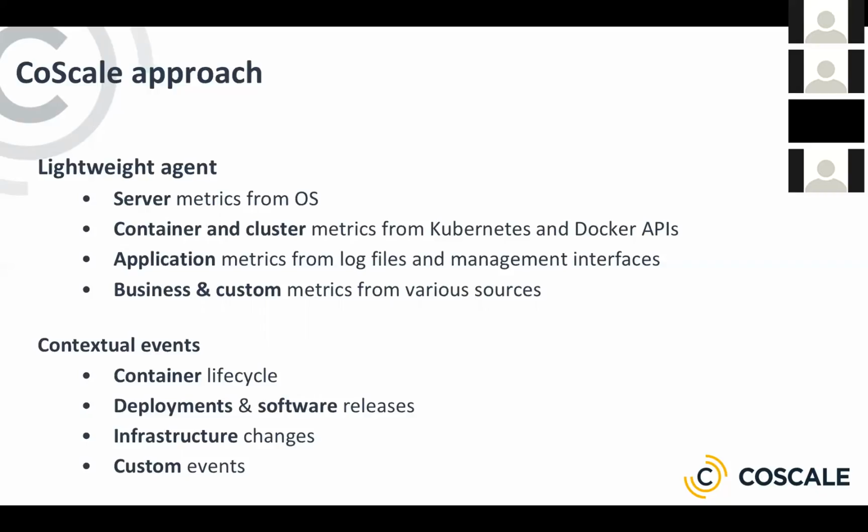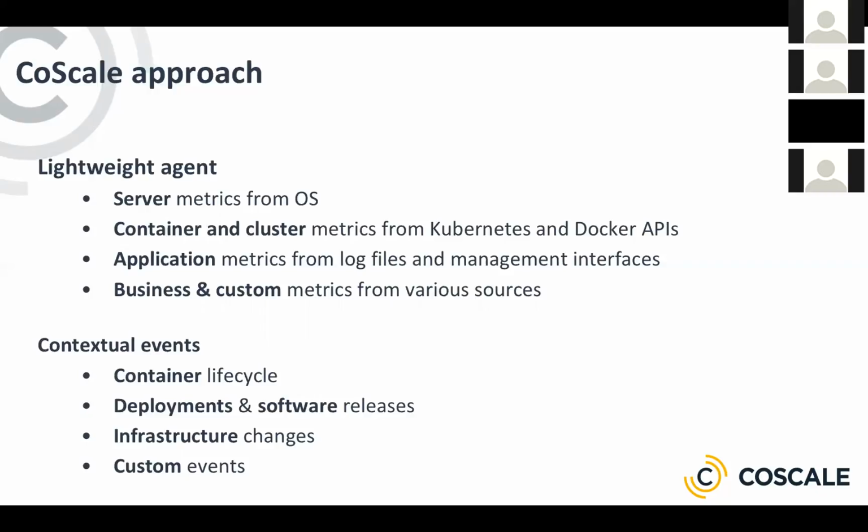We have a lot of application integration. So think web services, databases, caching systems, queuing systems, all stuff like that. We can integrate with a lot of them to get a little bit of an idea: okay, what is the service doing and where is it spending most of its time? And we do this through log files and management interfaces, APIs.